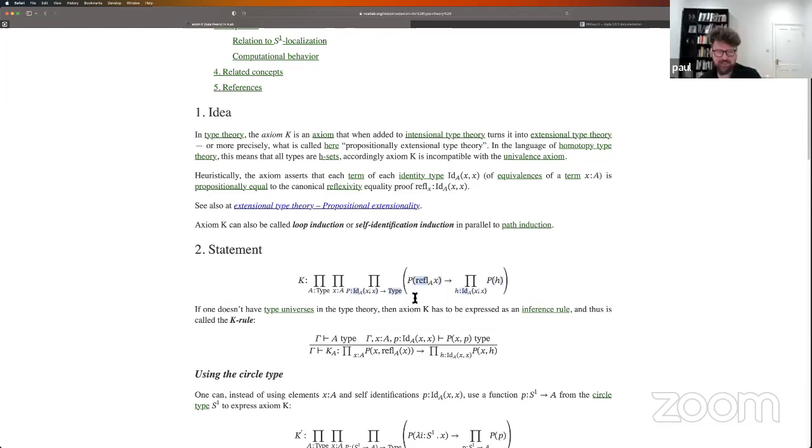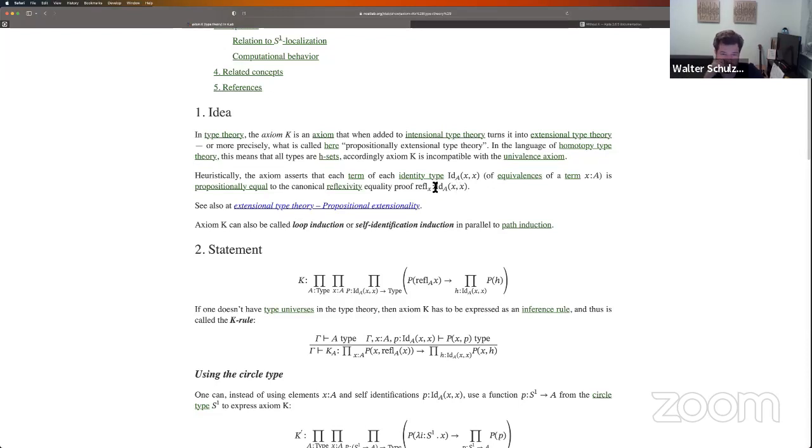And then this is the equalities, or proofs of X equals X. The identity type of the term X. So these are all the different proofs of X equals X. There's more than one of them.